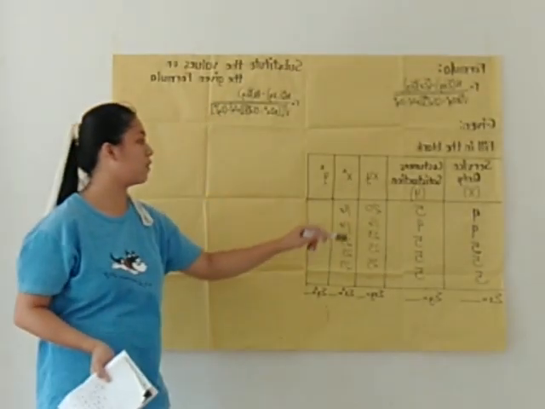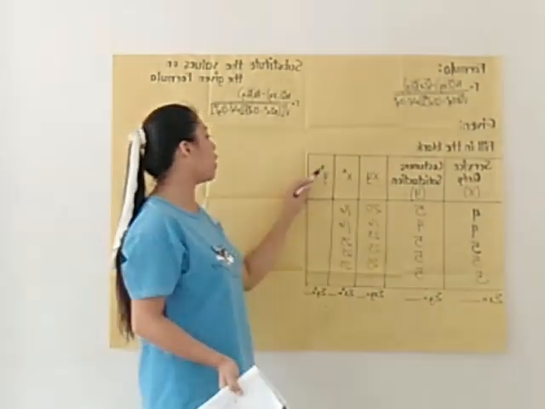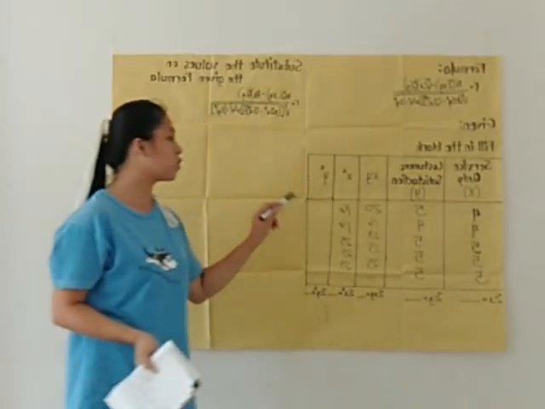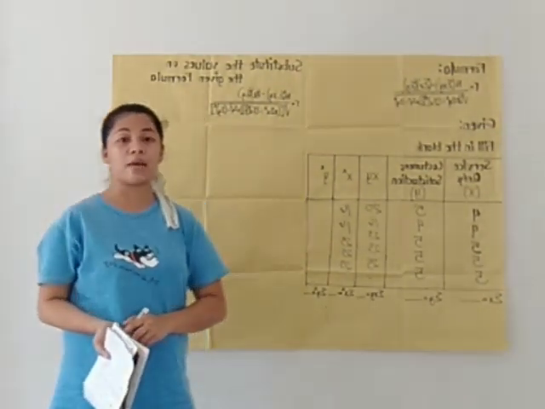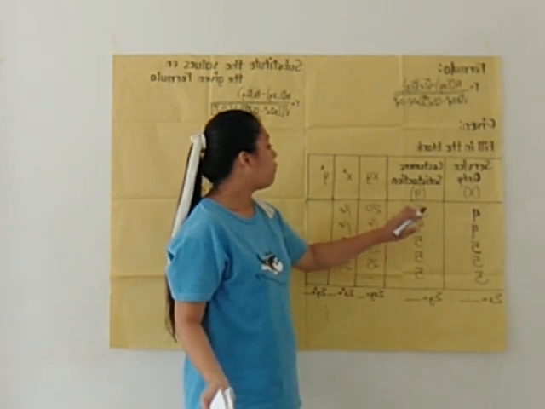We already have the values of xy and x squared, so we move on to y squared. To find the value of y squared, we need to multiply the value of y by itself.